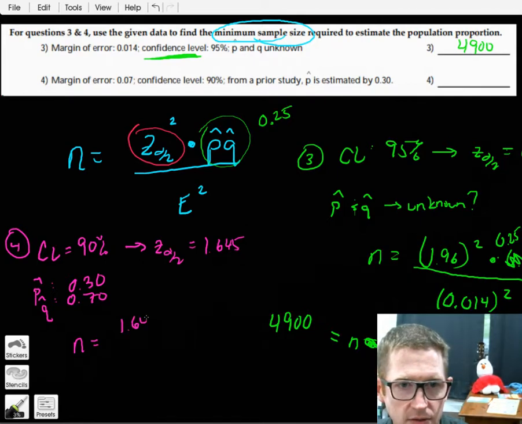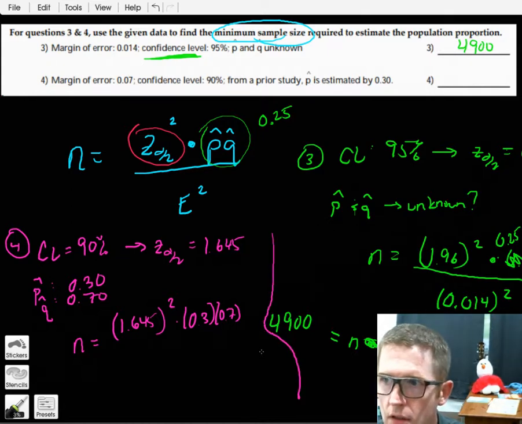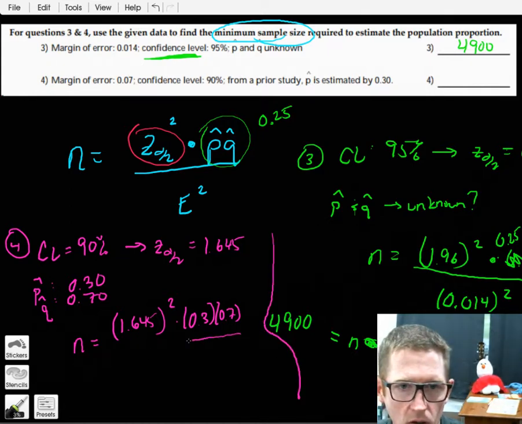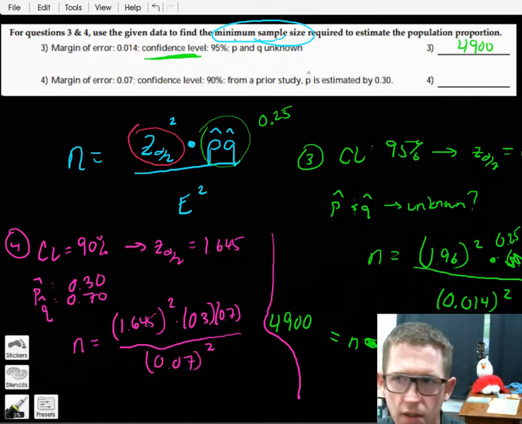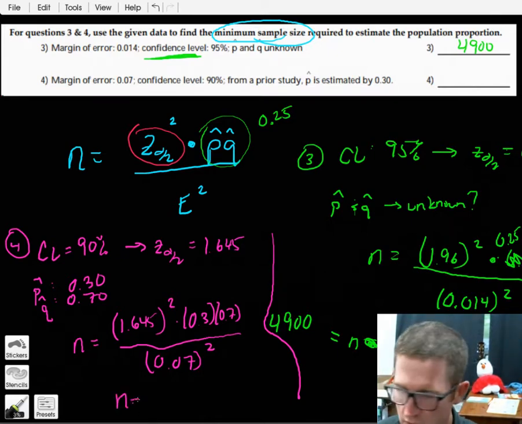So 1.645 squared times 0.3 times 0.7. I'm going to draw a line here. All over margin of error 0.07 and then square that. Okay, so then chug it in your calculator.